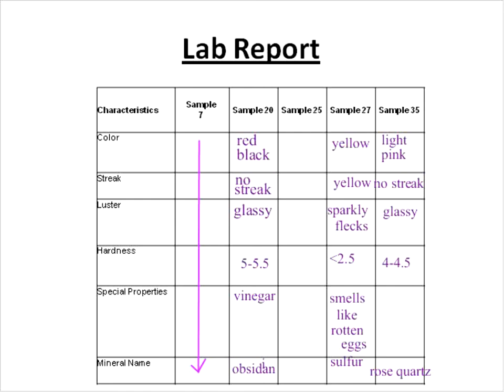So we have our whole chart filled in. Go ahead and finish filling in the chart. Once you have your chart filled in, put up a green check. Like I said, I encourage you to play around with this rock kit. Scratch them up, put vinegar on them, see if anything has a chemical reaction. I'm looking now to see which one. I know there's at least one in here that's going to fizz and bubble.